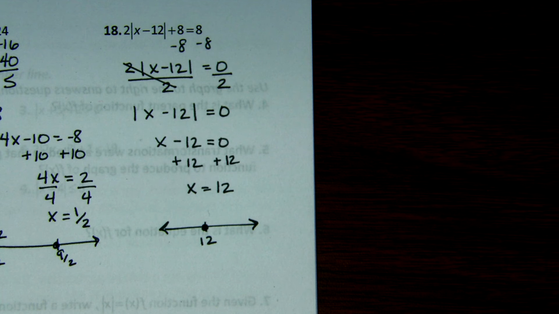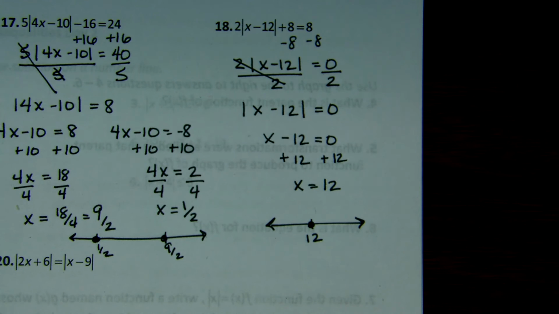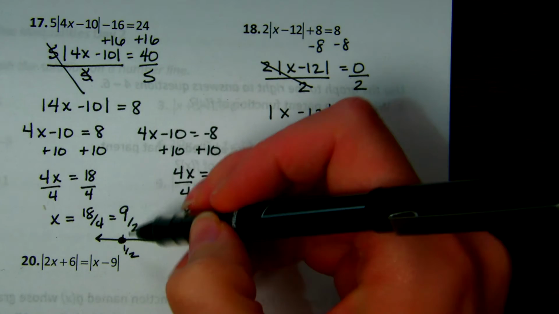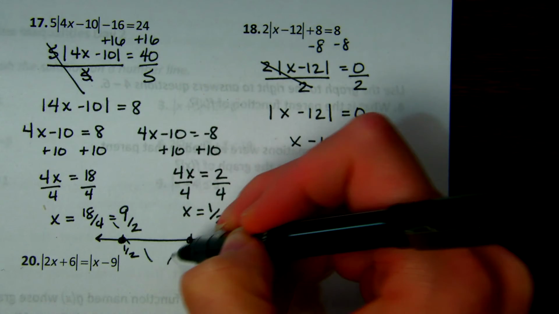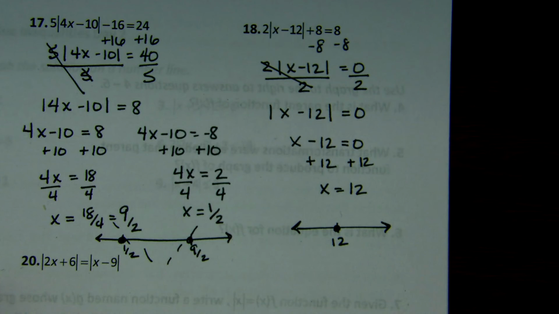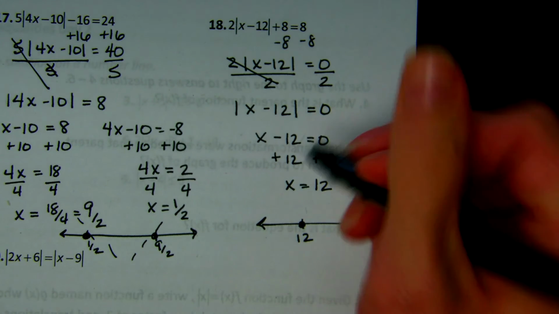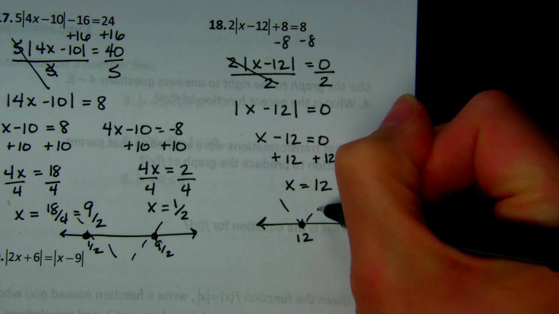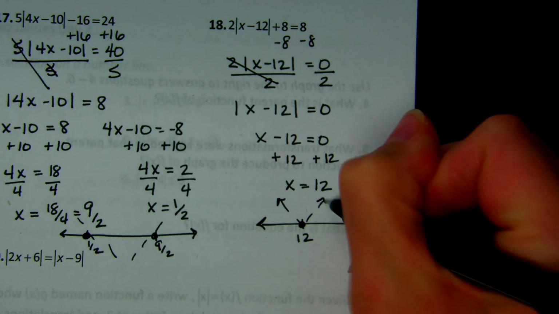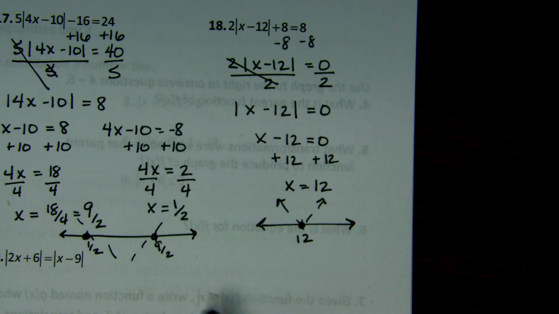If you think about these absolute values as v's that go through particular points, this one right here is a v that goes through 1/2 and 9 halves. This one is a v that just sits on the x-axis. Now you don't need to draw that on your test tomorrow, but that's what's happening there, and that's why it happens.